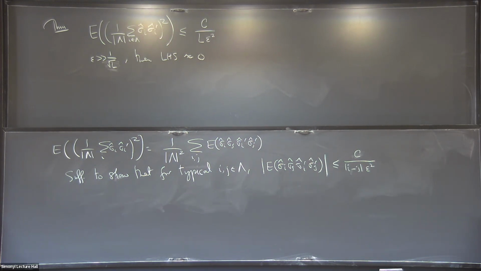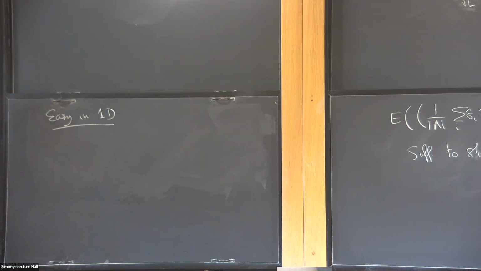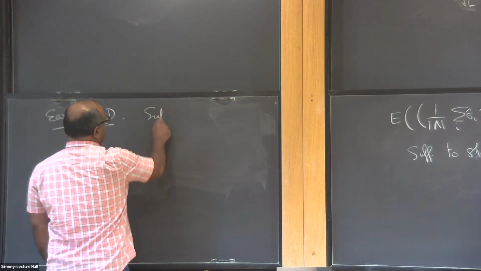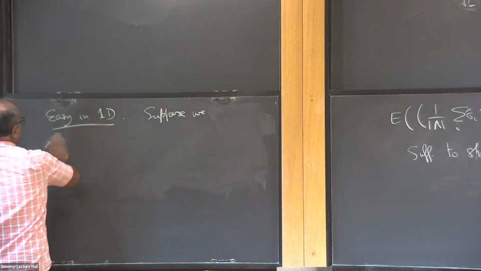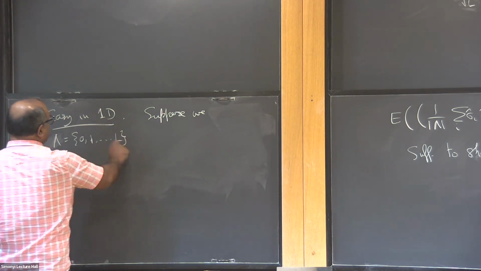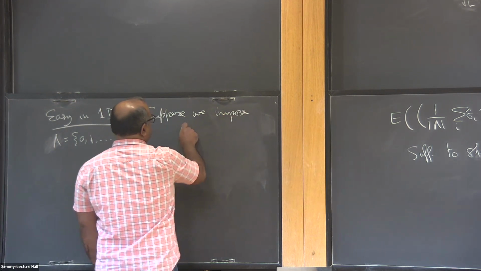Okay, so how do we prove this statement? It's particularly easy in 1D, and I'll tell you why: in 1D you can exactly write down the solution. Just for simplicity, here our state space lambda is 0 to L, just L spins, and suppose we impose the boundary condition that sigma 0 is 1.